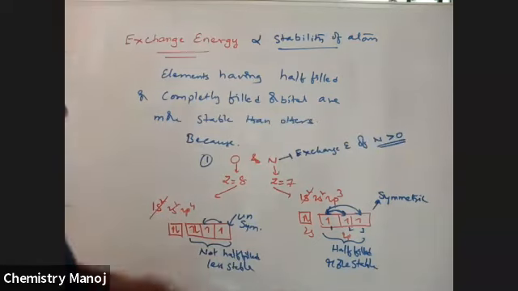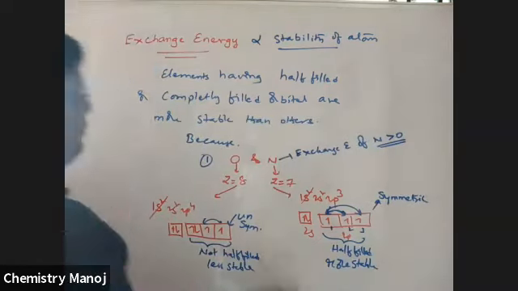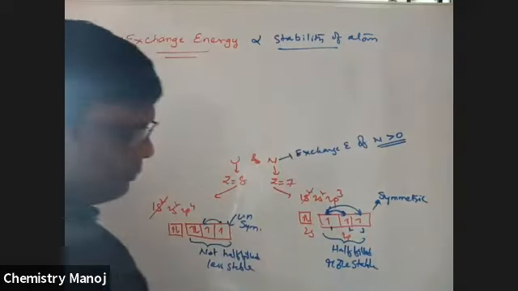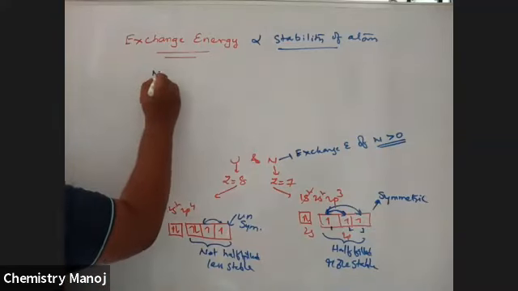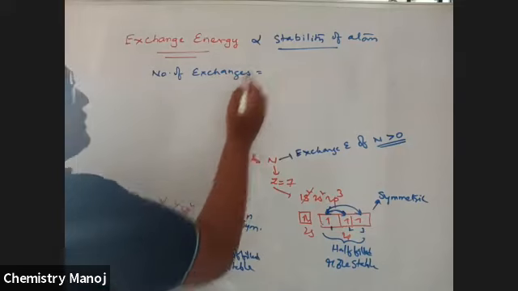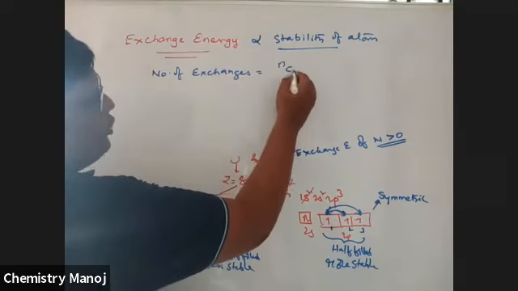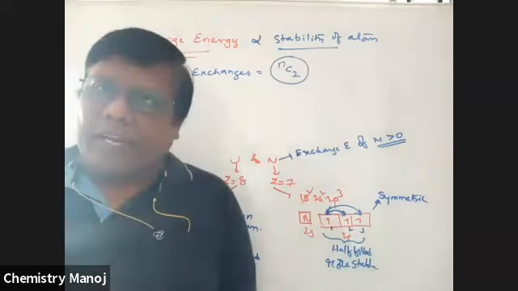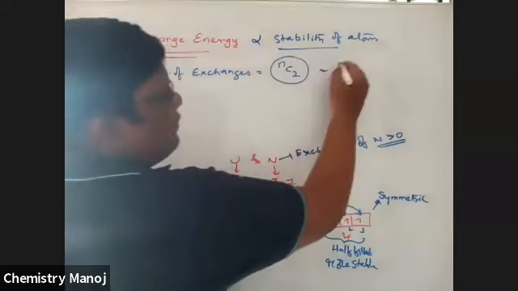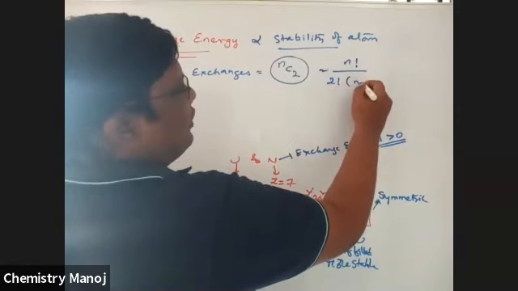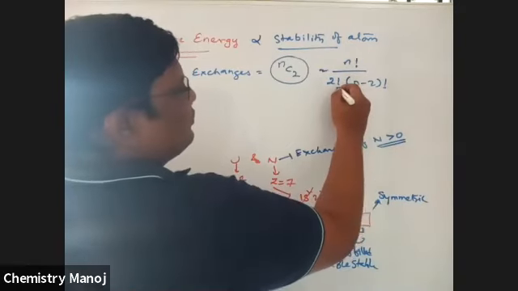So the number of exchanges is given by the formula NC2. Similar to the NCR formula, n factorial by r factorial into n minus r factorial, this is n factorial by 2 factorial into n minus 2 factorial.